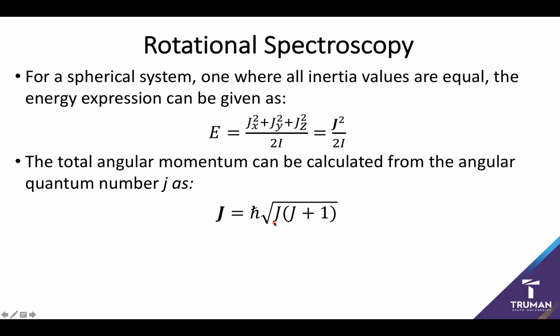So for this, I do apologize. If you may have noticed, I'm trying to denote the value for the angular momenta as a bolded J and the quantum number as the unbolded J. I do sincerely apologize that the book decided to use the same variable for these two things.